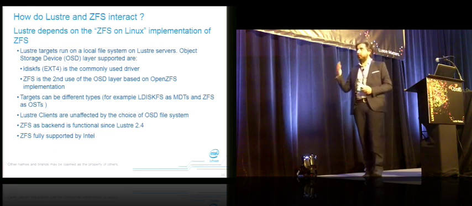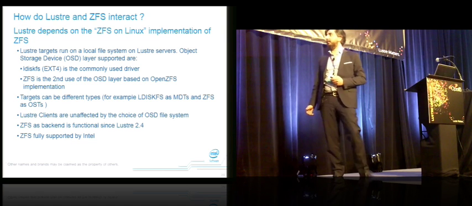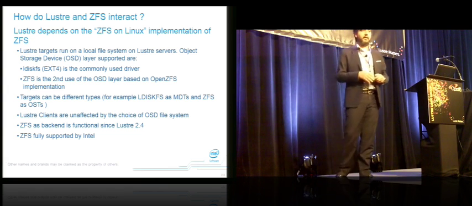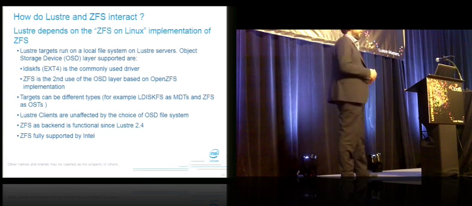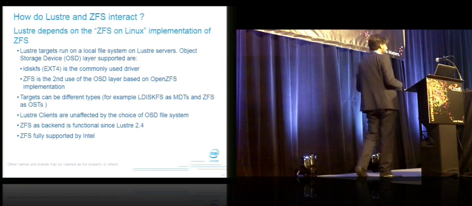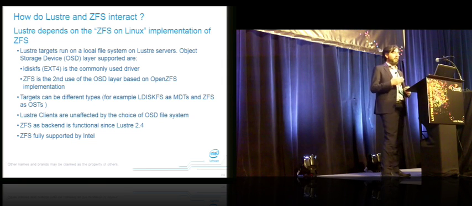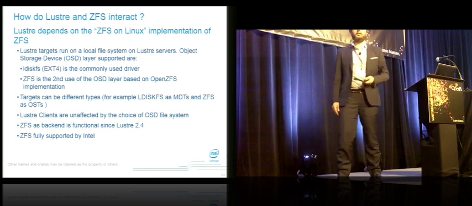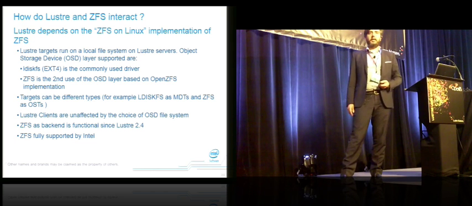So, this is a slide regarding the history of ZFS. We started developing an abstraction layer for the object store target, the OSD, that gives us the opportunity to support not only ext4-like backend file systems, but also others. ZFS is an example. Wednesday there is a talk regarding Btrfs as a backend file system.